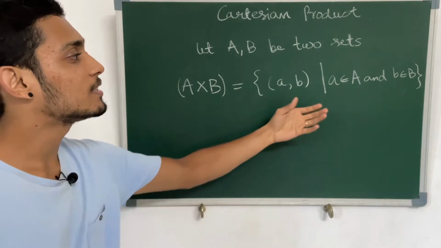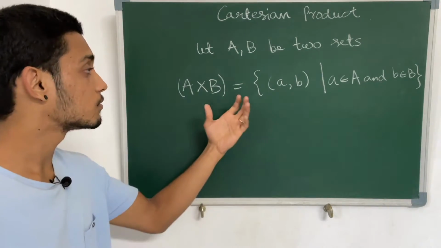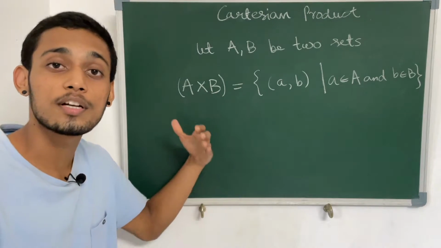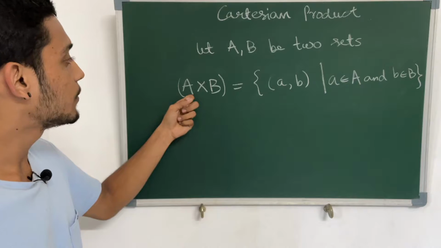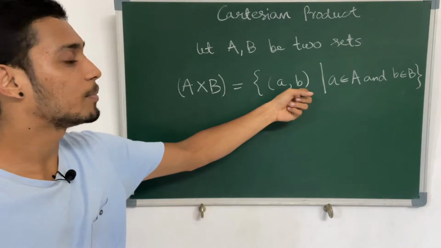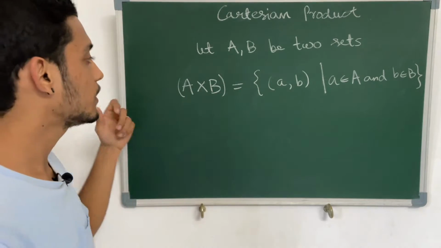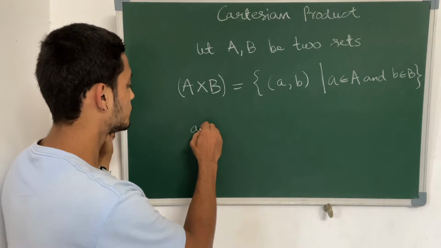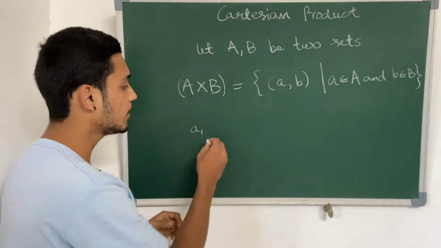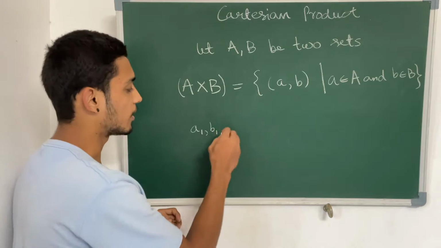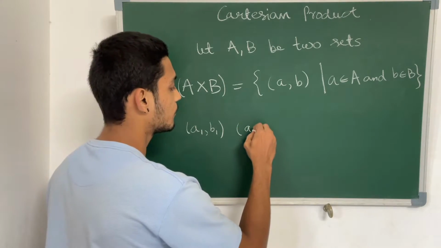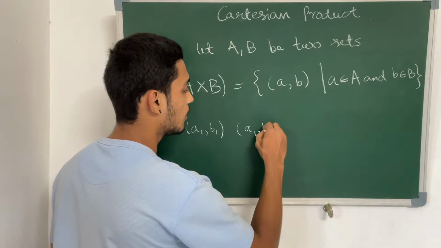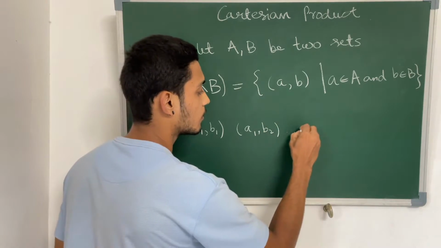So how many elements do you think the Cartesian product has? I told you that for every element in A, we are taking an element from B. For example, if we are taking A1, one ordered pair could be (A1, B1). Similarly, another ordered pair could be (A1, B2).